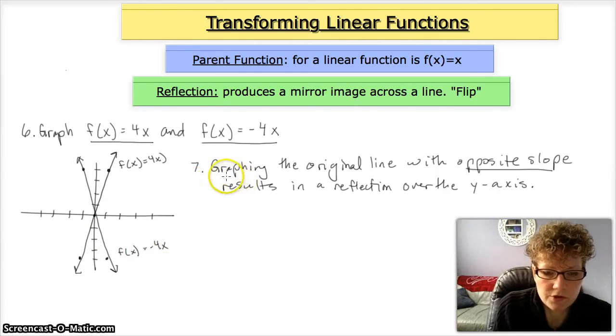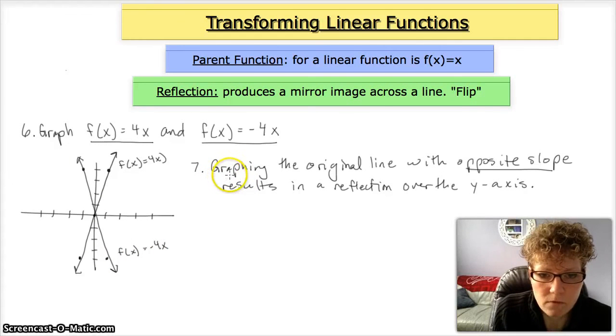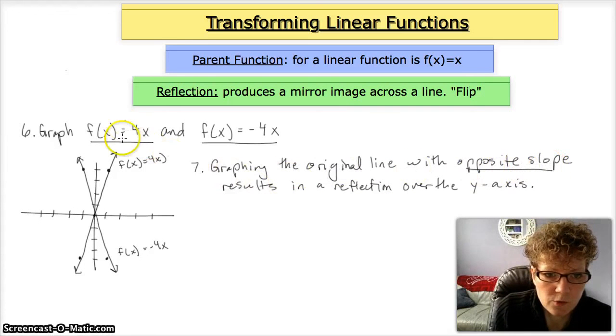So here's our conclusion: graphing the original line with the opposite slope, so this one was positive, this one's negative, results in a reflection over the y-axis.